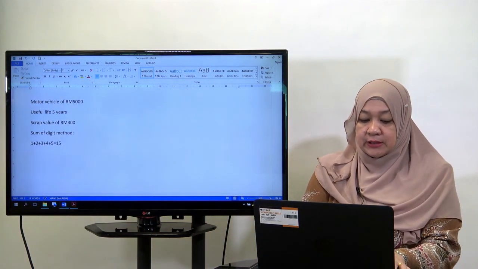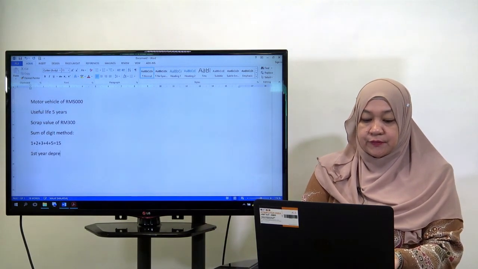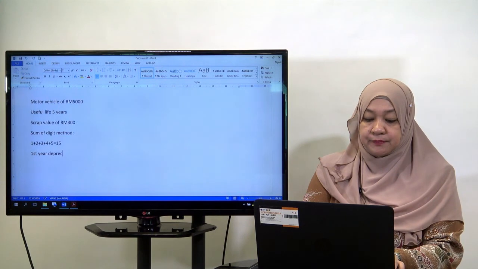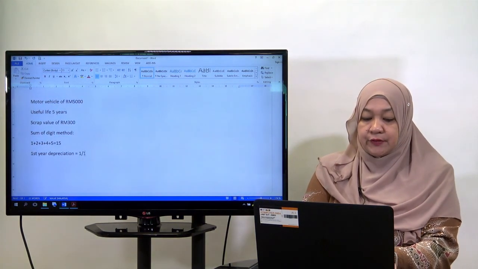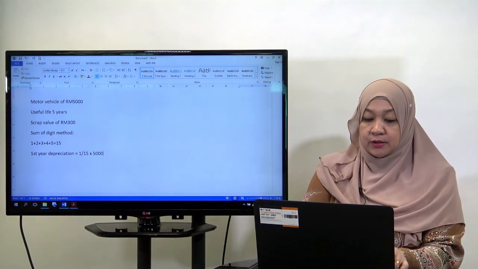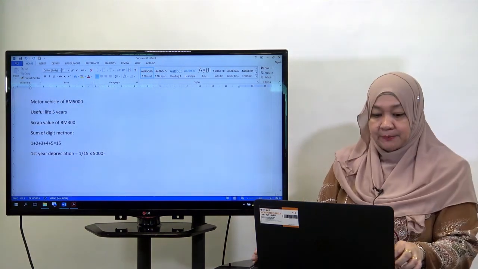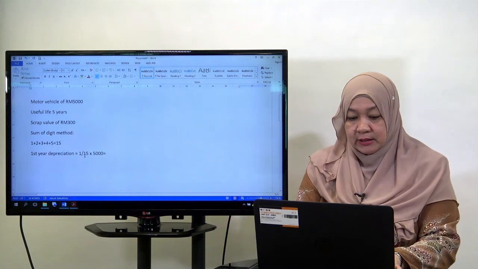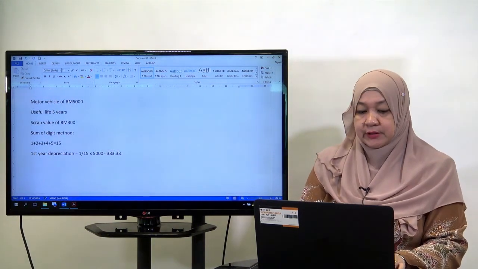Okay, and to determine the first year's depreciation, you take 1 over 15 times the value of the asset, 5,000. So for that particular period, your depreciation charge is 333 ringgit and 33 cents.